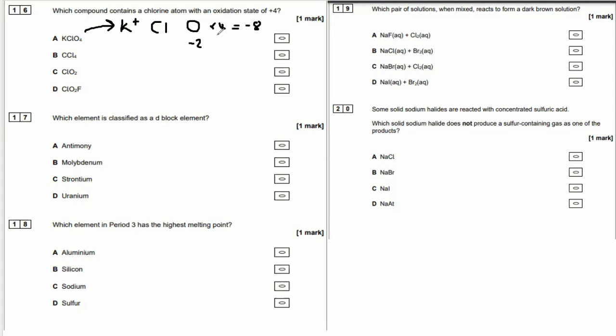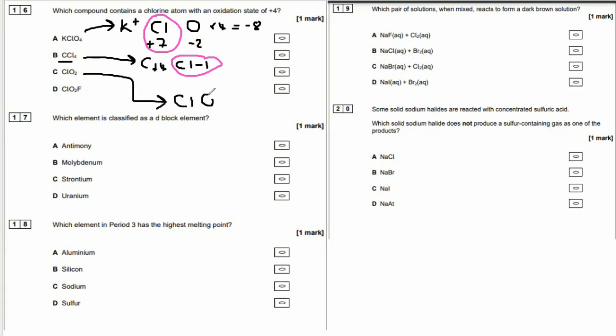Let's look at B. So B, the carbon has a +4 charge. Each chlorine must therefore be -1 because there's 4 chlorines, and to balance out the +4, they must each be -1. Let's look at answer C. We've got 2 oxygens, and each one is -2 with a total of -4, right?